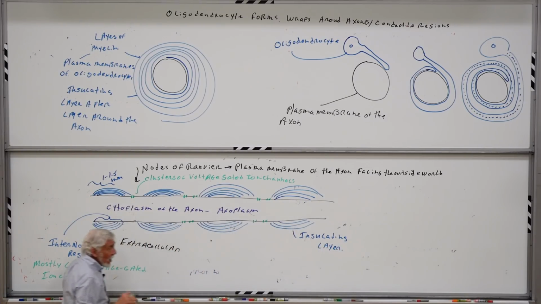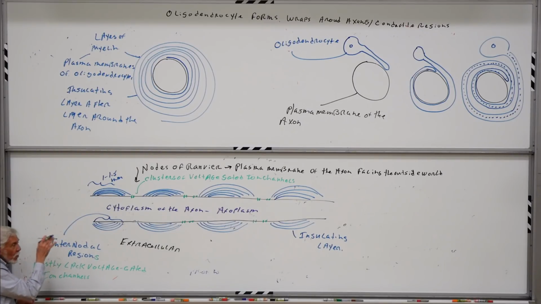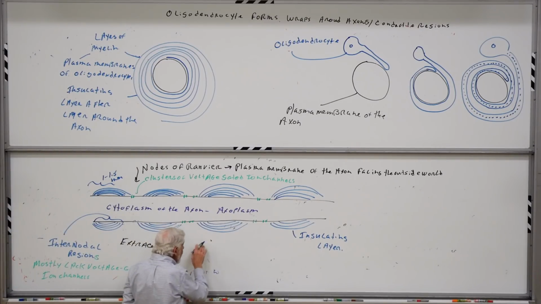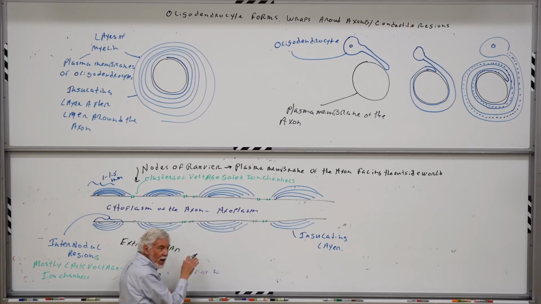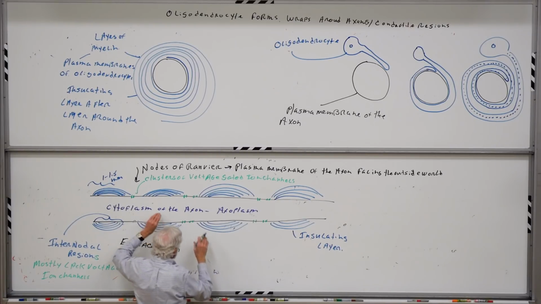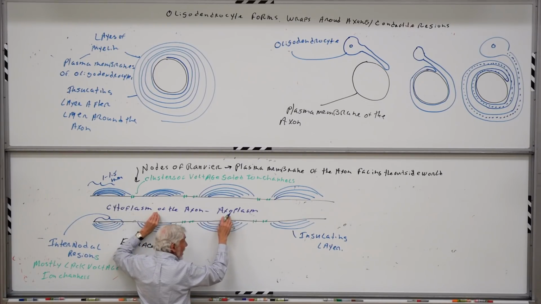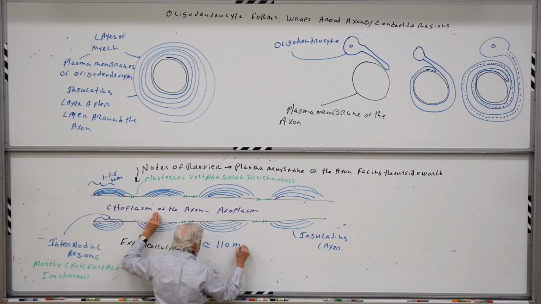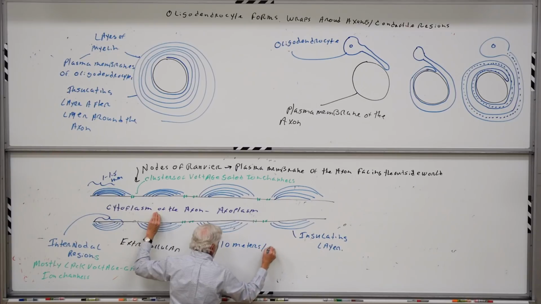We'll come back to this a little later because we're going to see that this is really, really important in increasing the rate of propagation of action potentials. Action potential propagation in these kinds of axons could be at the rate of about 110 meters per second.